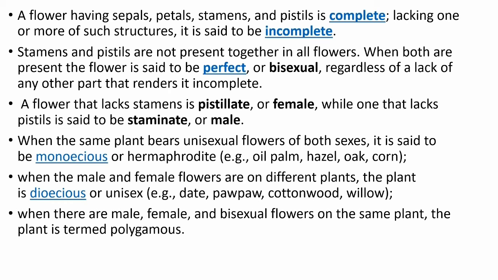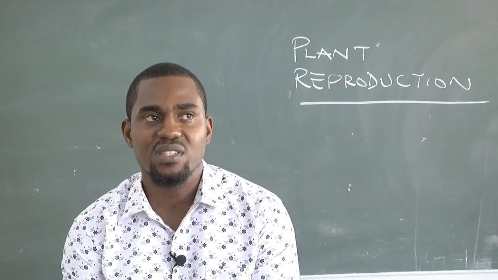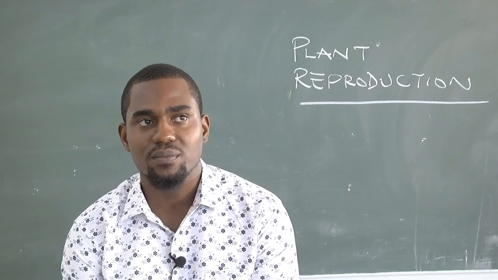Then the stamen and the pistil are not present together in all flowers. When both are present, we call such a flower a perfect flower. So a perfect flower is a flower which contains the stamen and the pistil together on the flower.